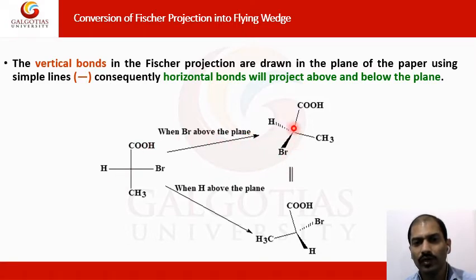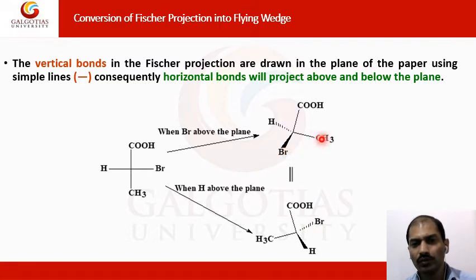So you are able to change this into wedge form, the flying wedge form. When the hydrogen is above the plane, because if you are watching this molecule from different directions, it will be towards you. In that case this hydrogen will be above the plane, and the COOH, CH3, and this bromine will come to this side.